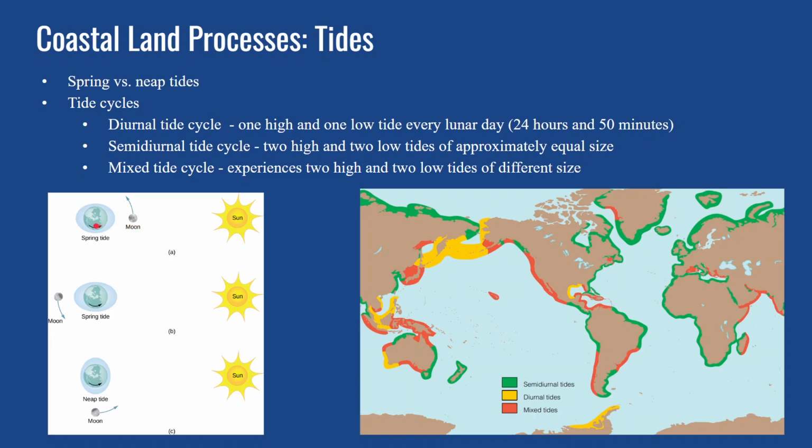So for spring tides, which occur roughly twice a month when the moon and the sun are in line, like in scenario A or B, you see that their gravitational effects are combined and you get the highest tide. In contrast, when they're perpendicular, they're working against each other, and the moon has a bigger influence on the tides than the sun. So the tide will still be towards the moon, but the sun will counteract it a bit, so the tide won't be quite as high during the neap tide.